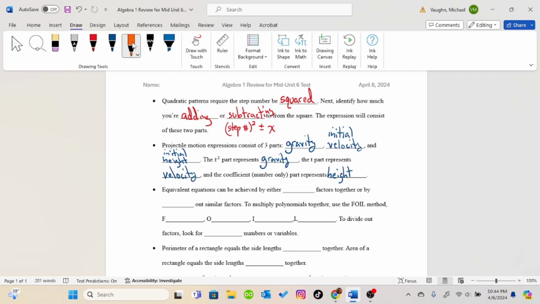Number 3, equivalent equations can be achieved by either multiplying factors together or by dividing out similar factors.